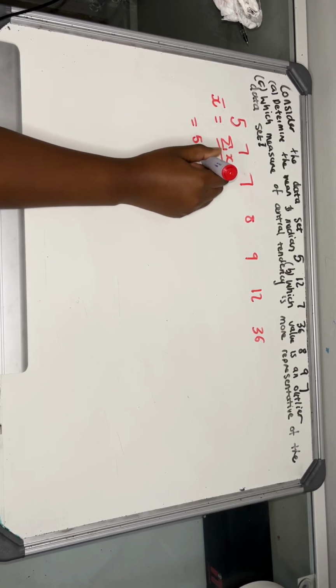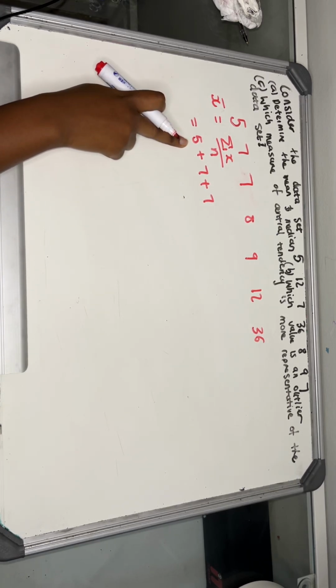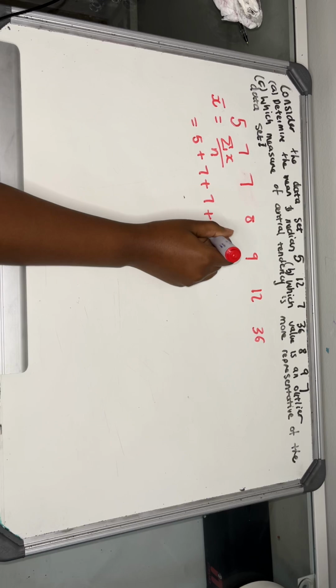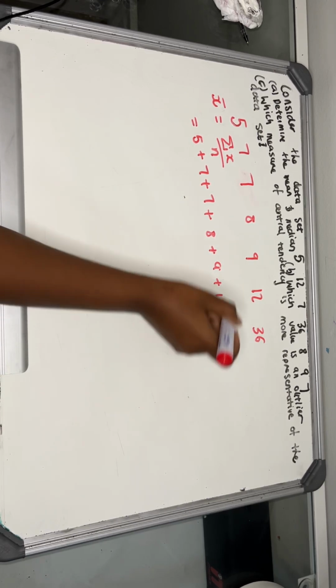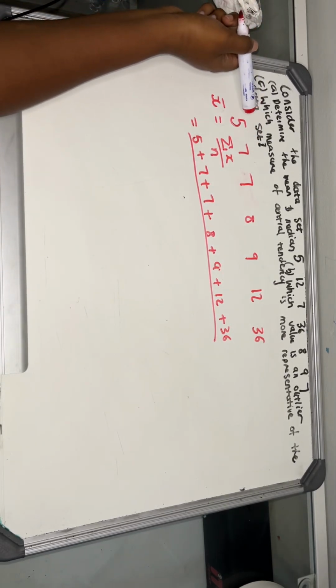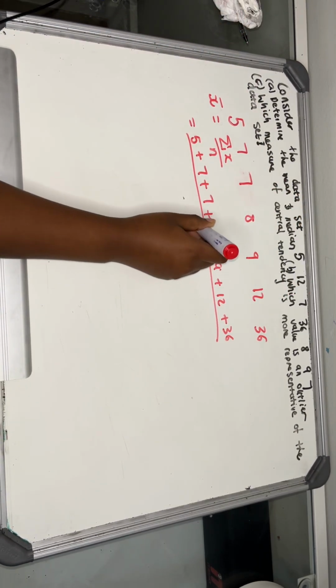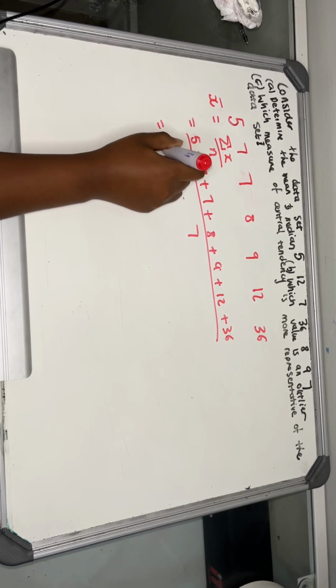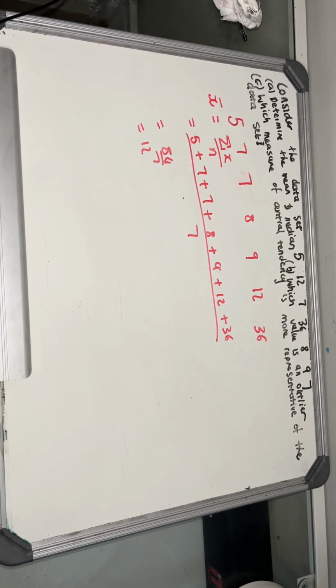We add the values found in the data set: 5 plus 7 plus 7 plus 8 plus 9 plus 12 plus 36, and we divide by the total number of values found in the data set, which is 1, 2, 3, 4, 5, 6, 7, so 84 over 7. That will give you 12. All right, that is the mean.